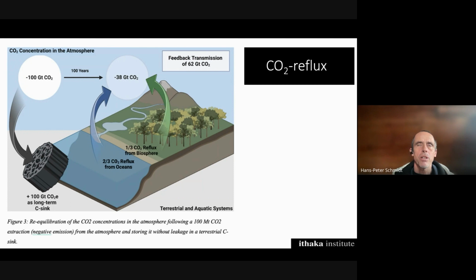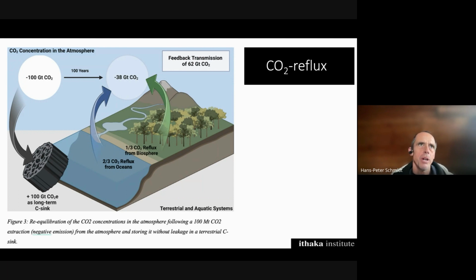So the effect is you remove carbon dioxide from the atmosphere. And what you create is a type of hole in the atmosphere. And from these other carbon pools, from the ocean and from the biosphere, carbon dioxide now moves back to the atmosphere to fill the hole.